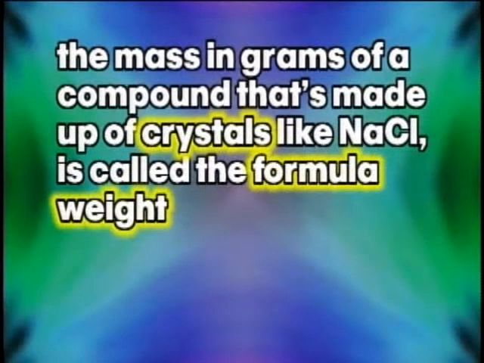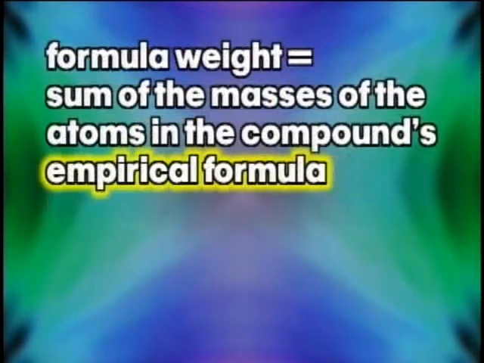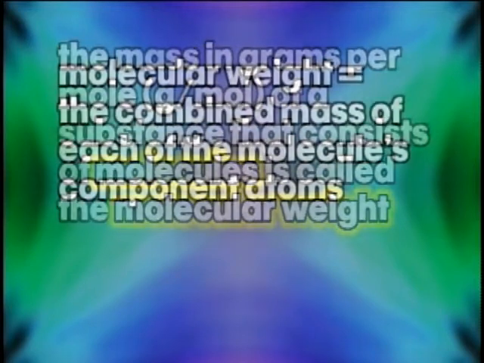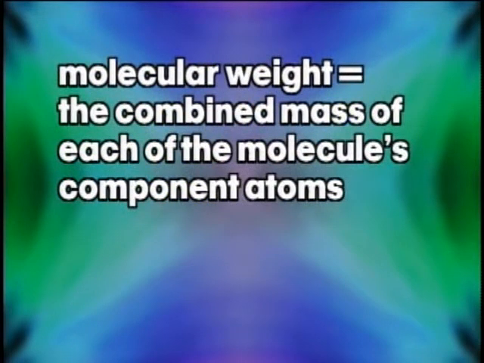The mass in grams of a compound that's made up of crystals, like NaCl, is called the formula weight. The formula weight is just the sum of the masses of the atoms in the compound's empirical formula. The mass in grams per mole of a substance that consists of molecules is called molecular weight. To find molecular weight, take the mass of each of the molecule's component atoms in AMUs and add them up.